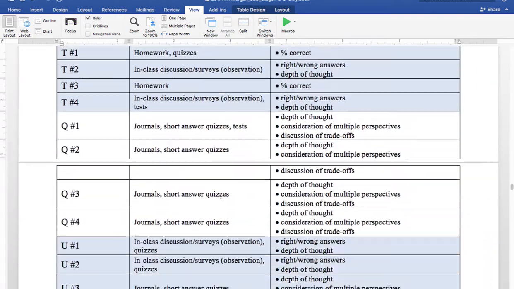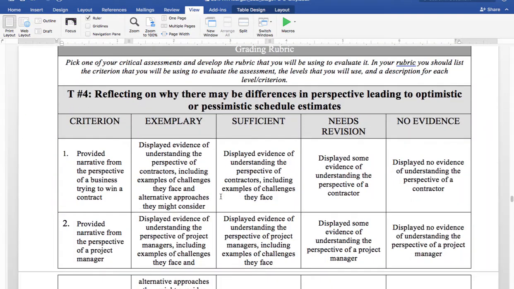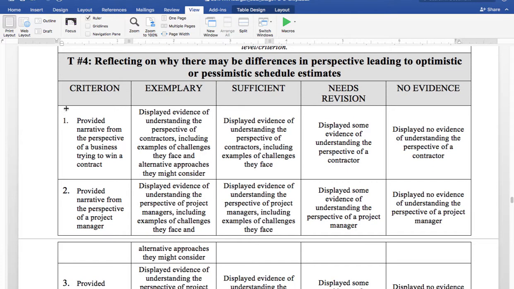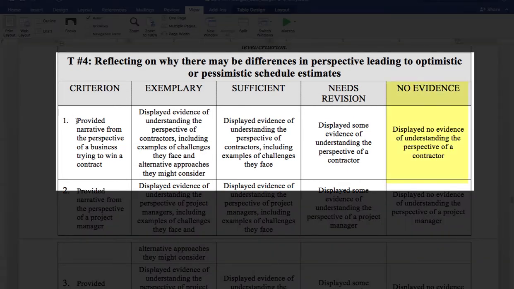Okay, so notice that down here in the criteria, for example, the first criterion, there's no evidence, which means that the student displayed no evidence whatsoever of any kind of understanding of the perspective of a contractor. Needs revision, which is that they displayed some evidence of the perspective of a contractor, but probably not adequately.